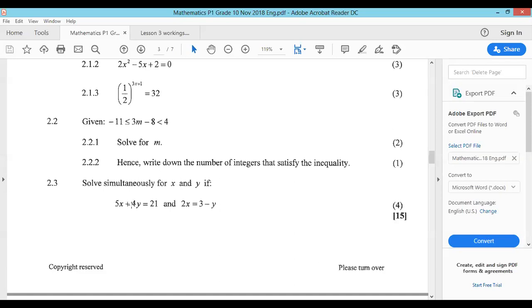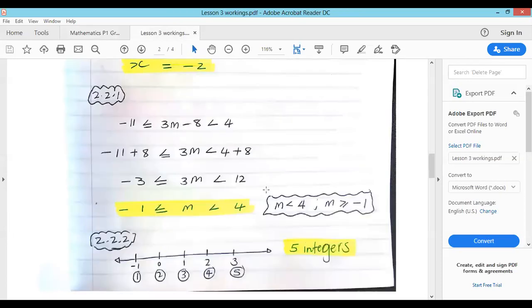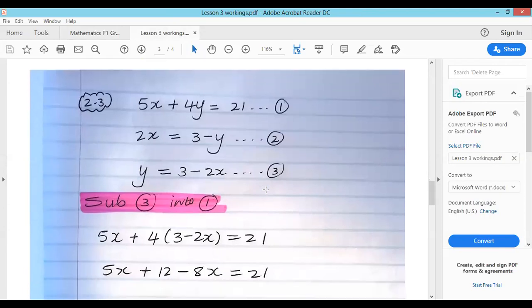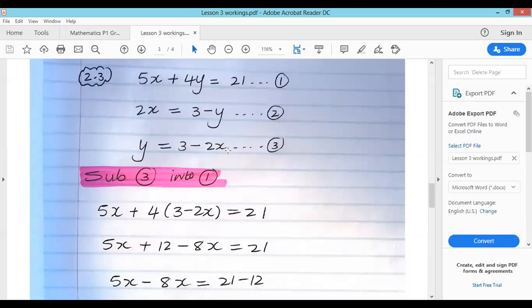So you are given 5X plus 4Y is equal to 21, and 2X is equal to 3 minus Y. Perfect. Then now let's look at how I've dealt with this one. There are so many ways to label equations that are given, guys.